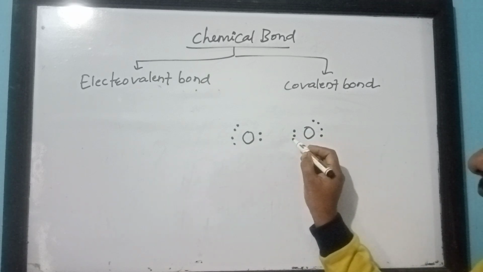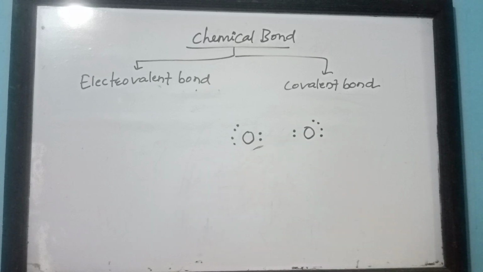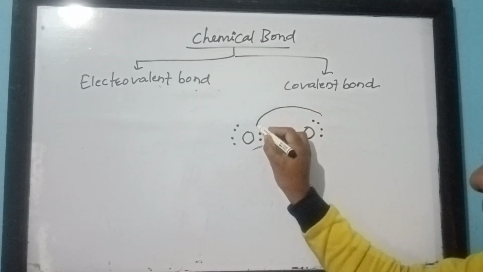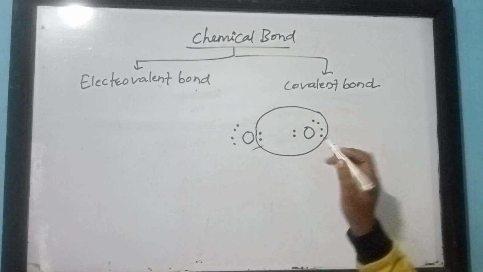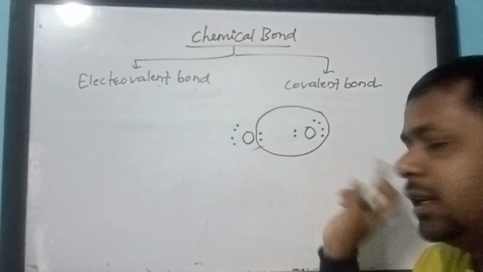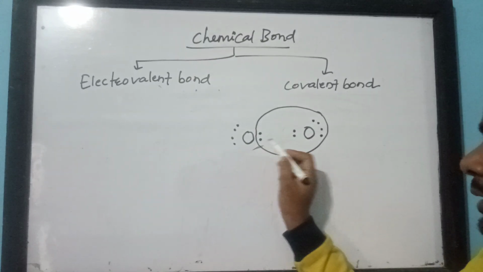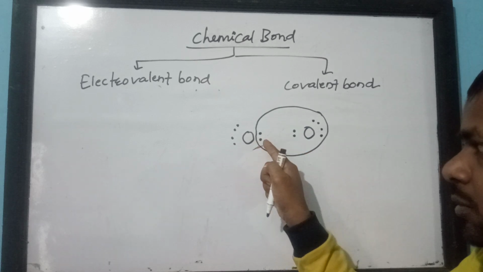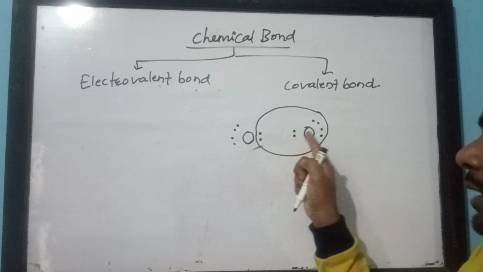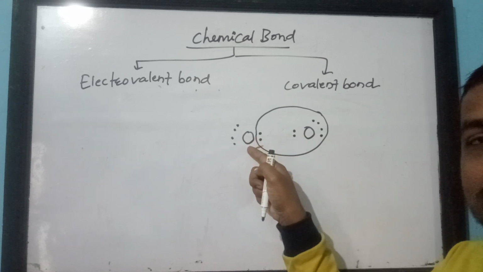These two atoms share these two electron pairs with each other like this. Now its octet is complete because it is taking 2 electrons of this atom for sharing. Similarly, if this atom is donating 2 electrons for sharing, this atom also donates 2 electrons to the other atom for sharing.